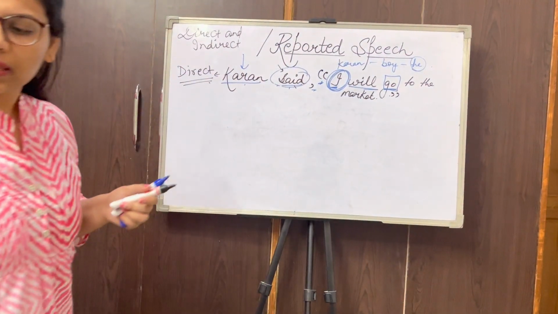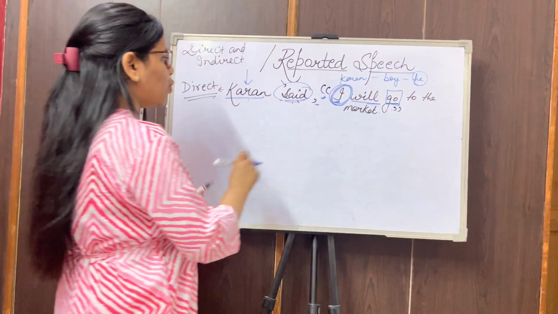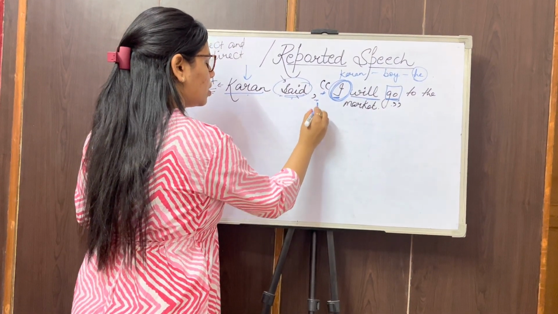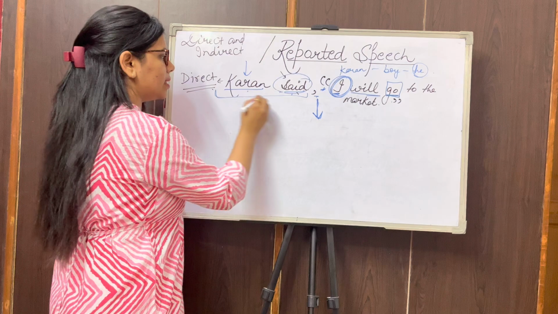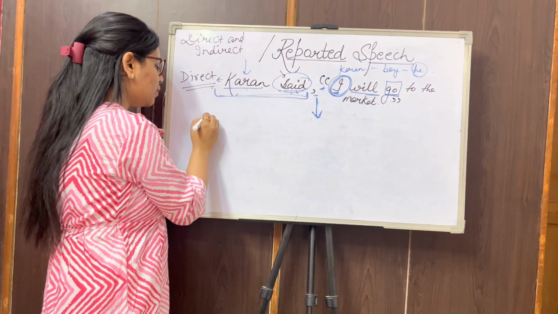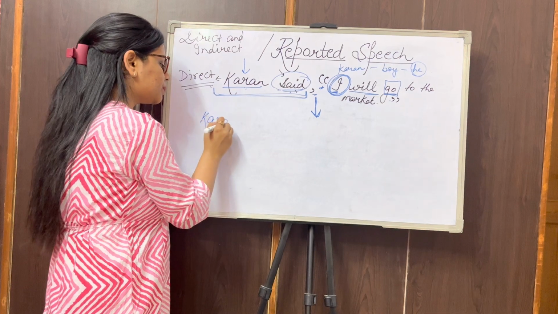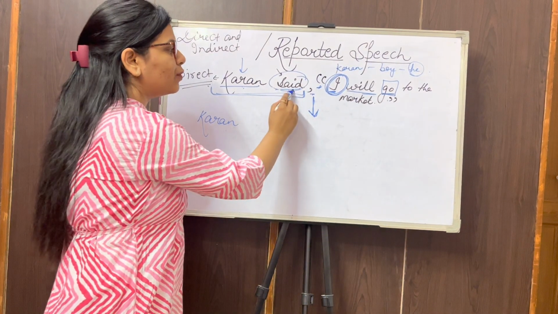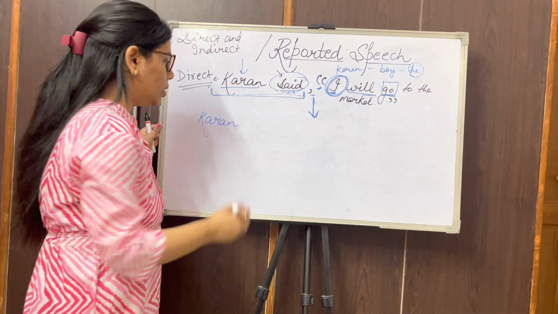So we will start step by step. There won't be much change in the sentence outside of the inverted commas. So Karan will remain as it is. Said, we just read that said will change to told.